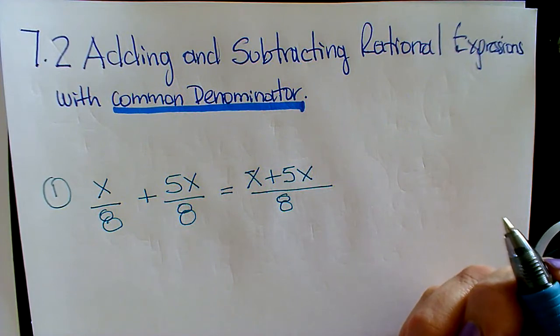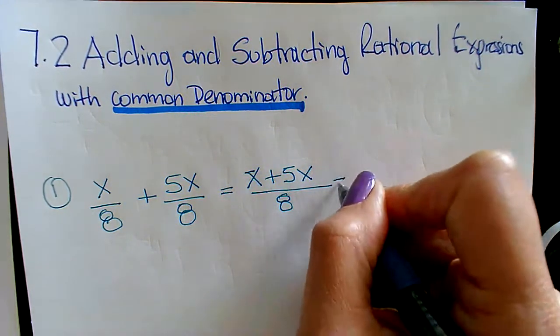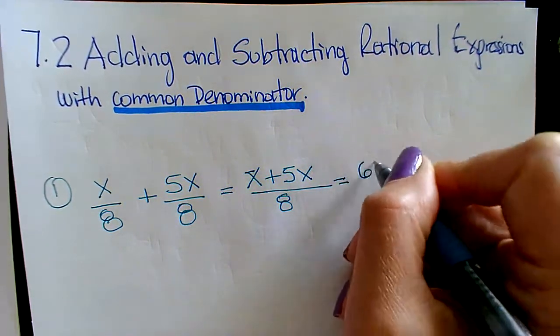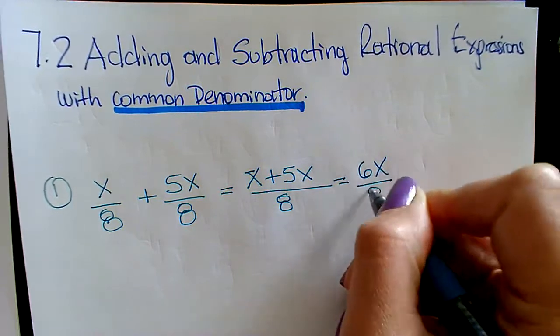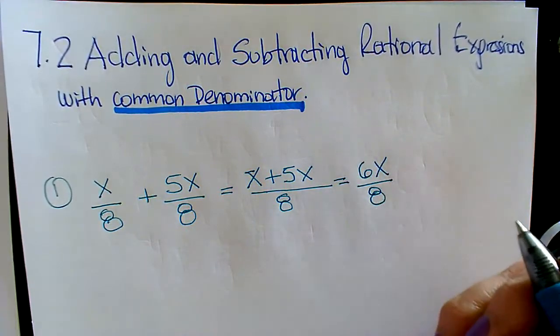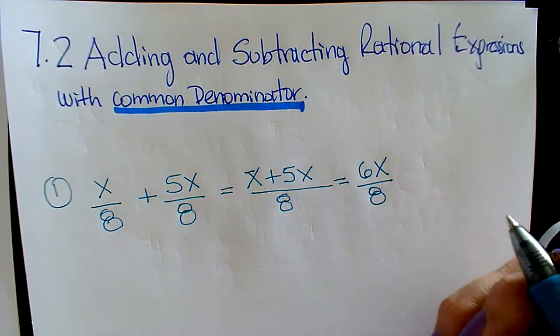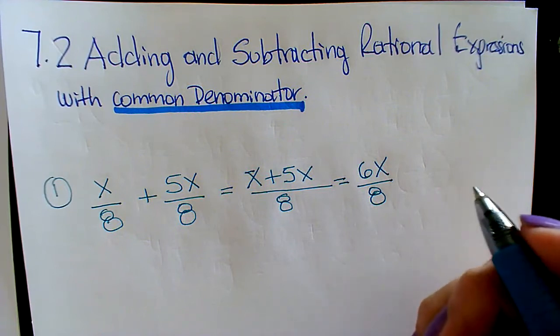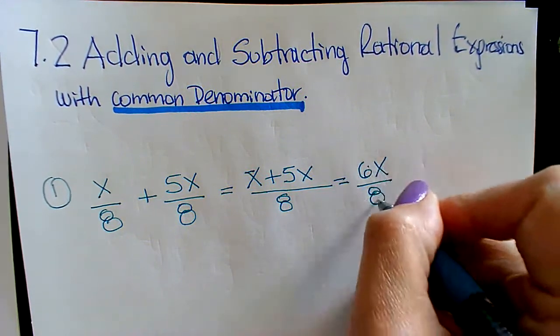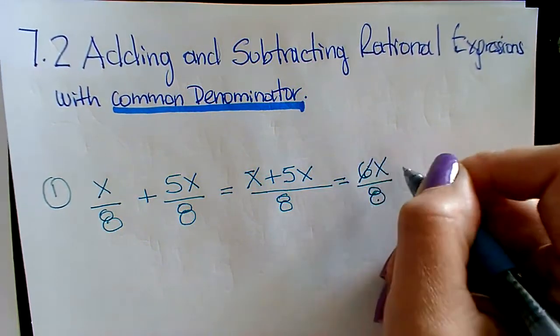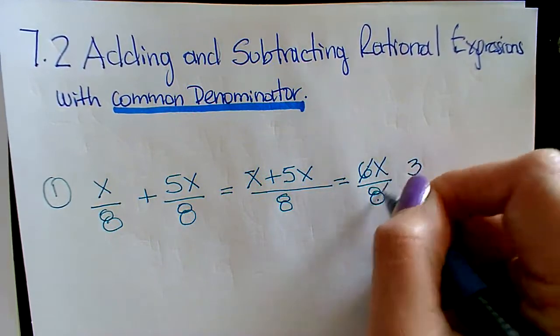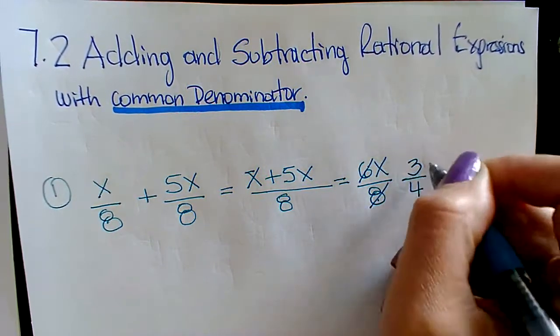Okay? So right here we could have 6x divided by 8. Now we can simplify it. That would be divided by 2 is 3 and divided by 2 is 4.